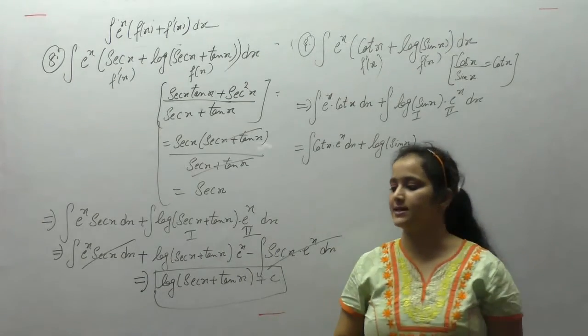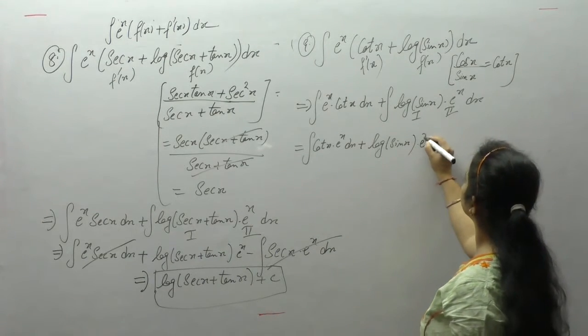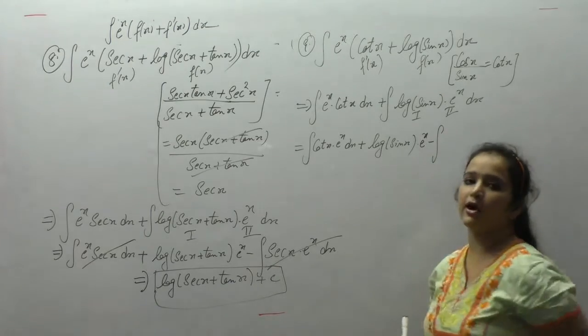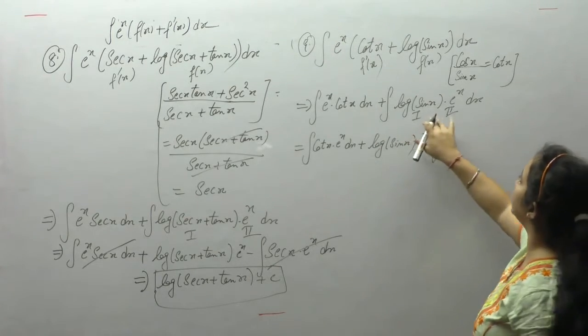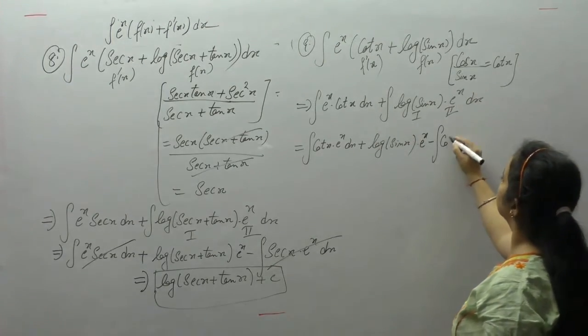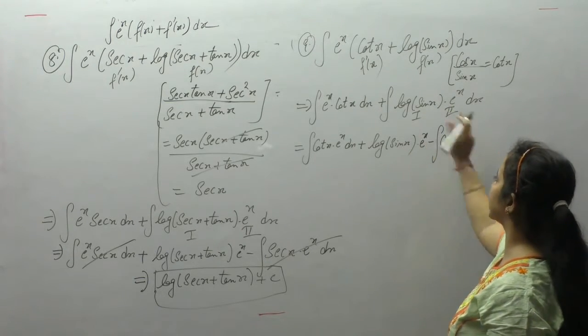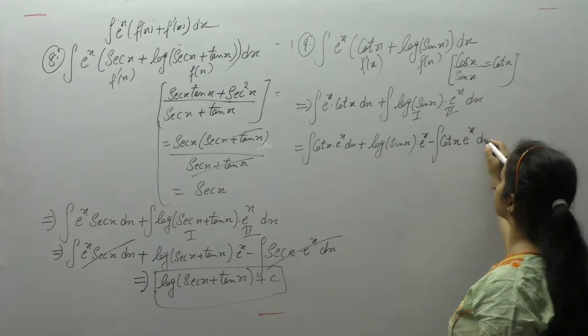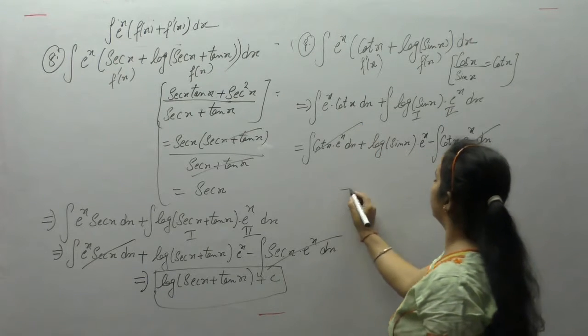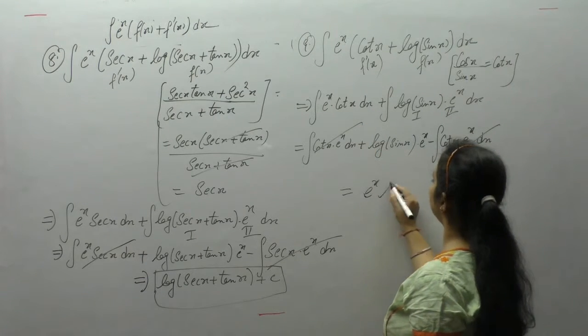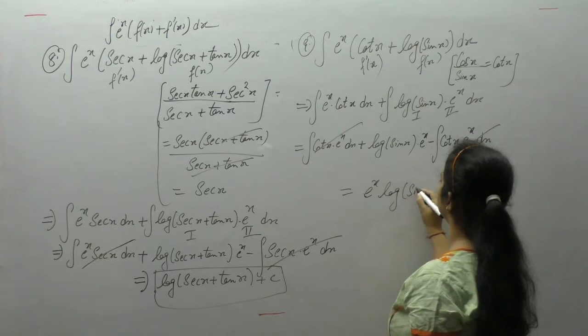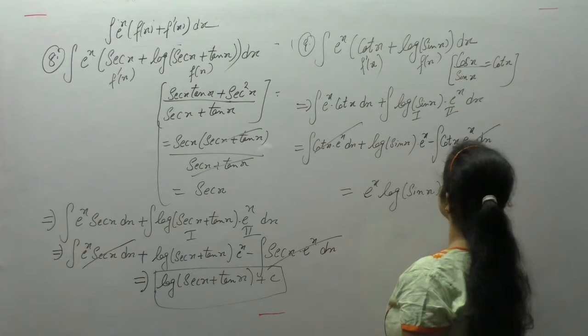Integral of e^x is e^x, minus integral of derivative of first. The derivative of log sin x is cot of x into integral of second function e^x, which is e^x. Log e^x into log of sin x plus c.